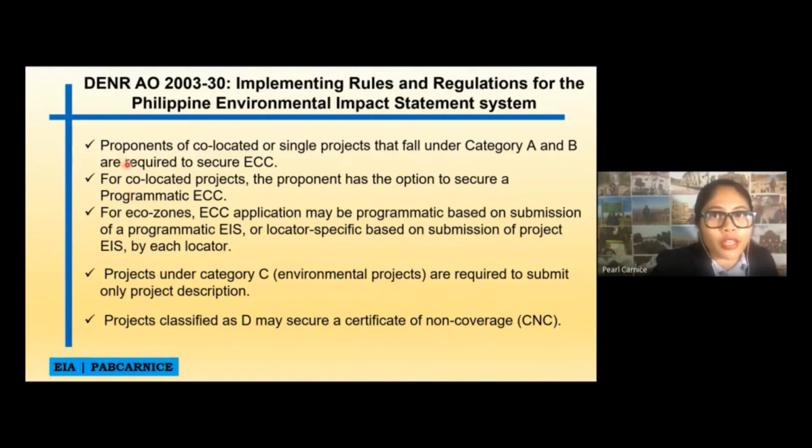Projects under category C, or environmental projects, are required to submit only a project description. And with category D, you may secure a certificate of non-coverage, or CNC. I take it back, CNC does not mean certificate of non-compliance, but certificate of non-coverage. It means that your project is not under category A, B, and C, and it would not give adverse impacts to the environment with any specific activity that pertains to your project.